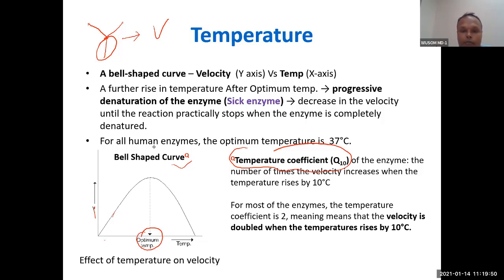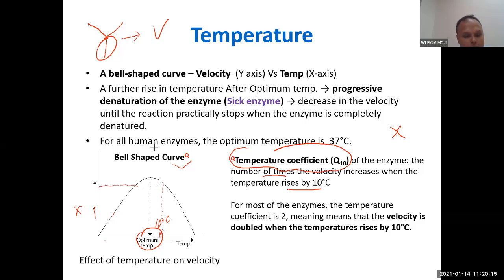The number of times the velocity increases when you change the temperature by 10 degrees Celsius. If you change the temperature by 10 degrees Celsius, you can put the curve here.